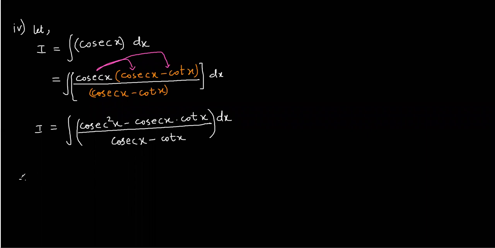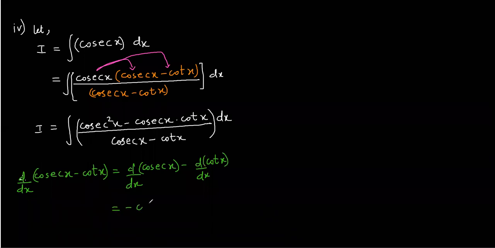So next what I do is I differentiate this denominator. Let me find the derivative of cosec x minus cot x. It is d by dx of cosec x minus d by dx of cot x. D by dx of cosec x is minus cosec x into cot x, minus d by dx of cot x, which is minus cosec square x.